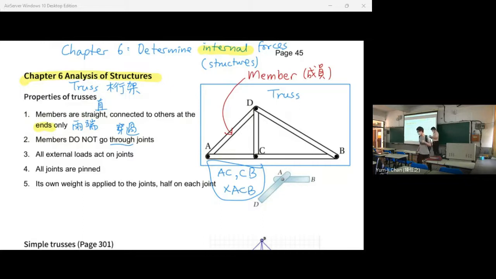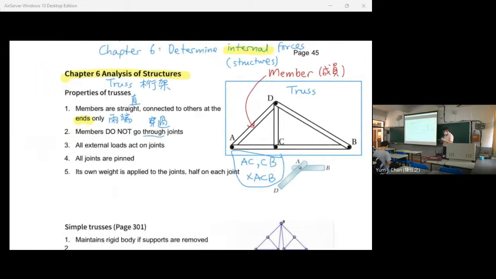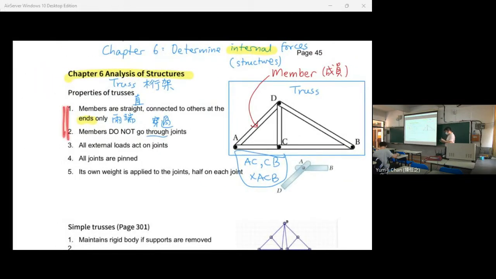So if we say we have AC for this line ACP, it means it goes through joints because we have the joint C here. So we have only AC and CP, and we do not have ACP. Now, by putting these two together, we have one member here, two members here, three members, four members, and five members in this truss.